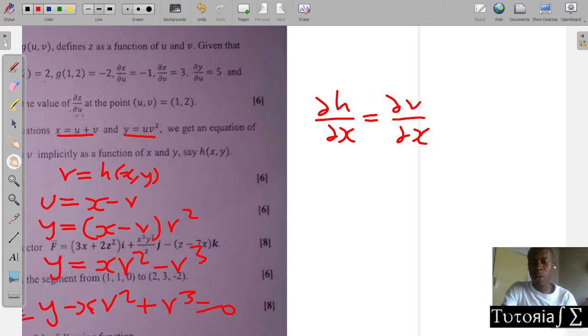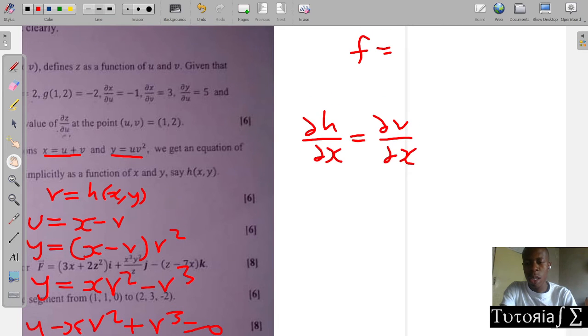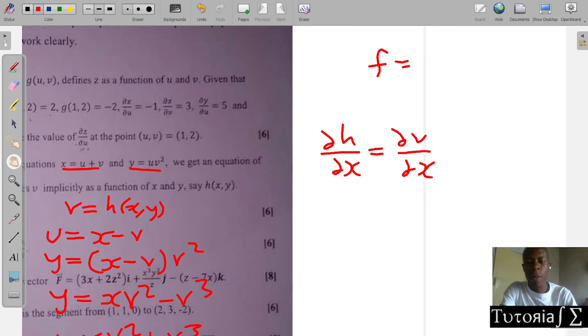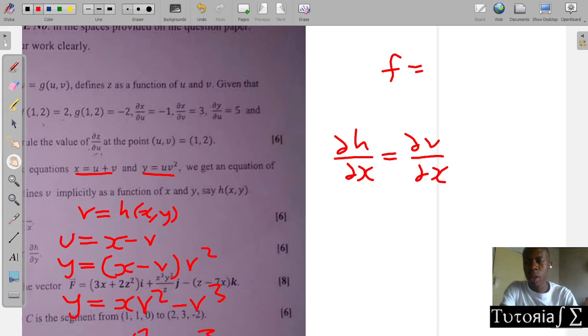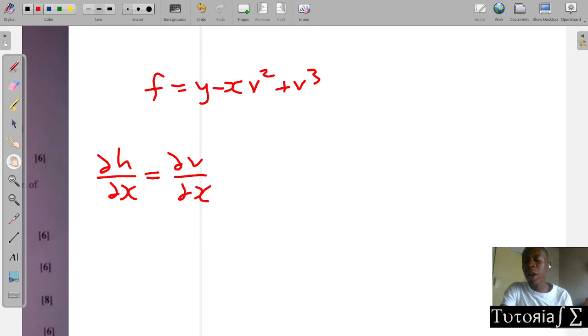So now remember, let me write my equation here. F is equal to y minus x v squared plus v cubed. All right, so that is our equation. Now remember the formula for implicit differentiation.